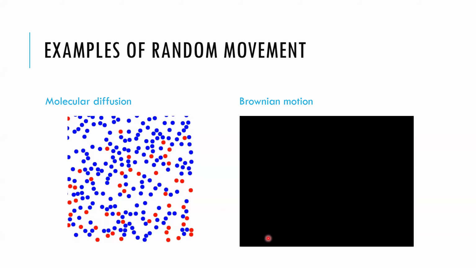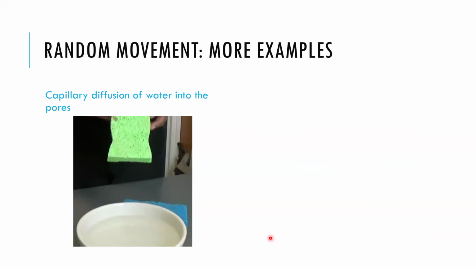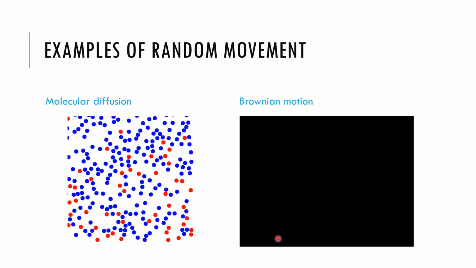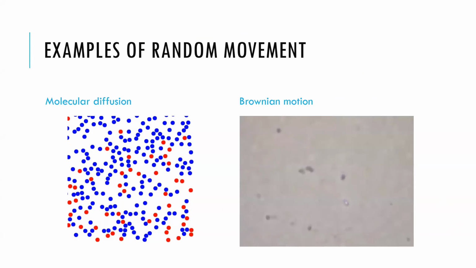Here is a biological example. Let's see if I can get this going. Okay, yeah. So this is Brownian motion. Again, in this case, the microbes are going randomly, and they are moving around because of their own energy.